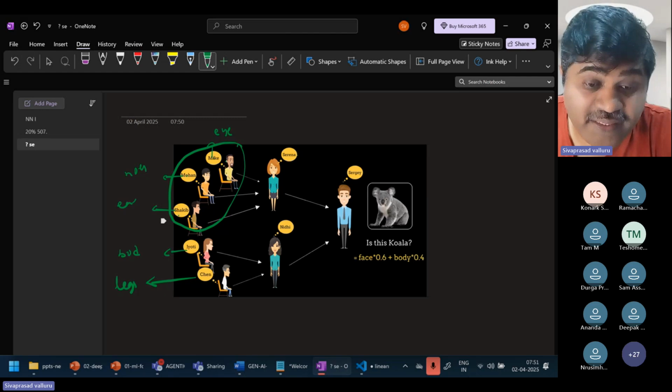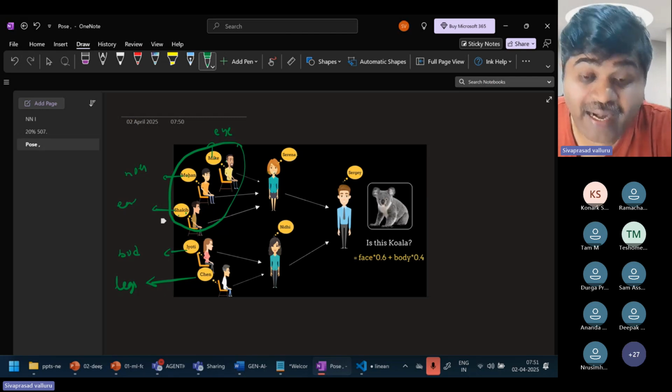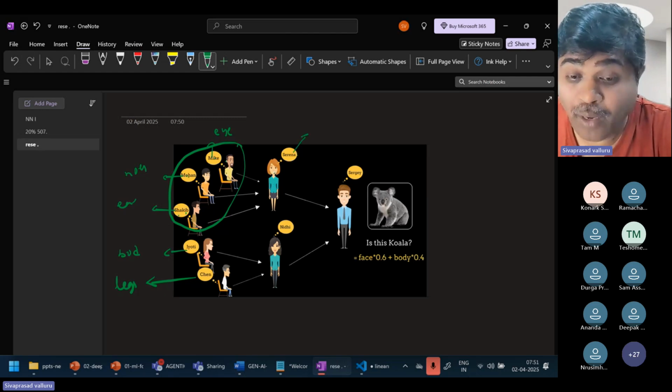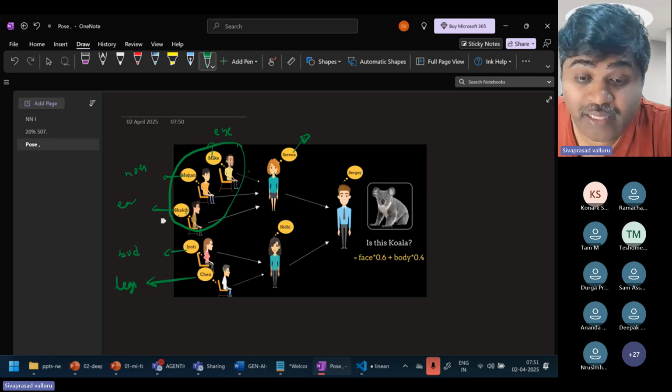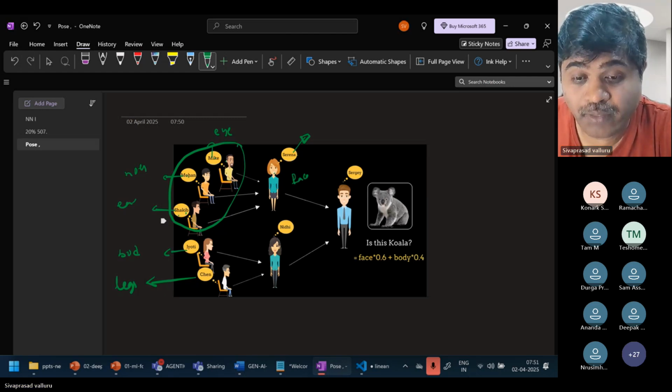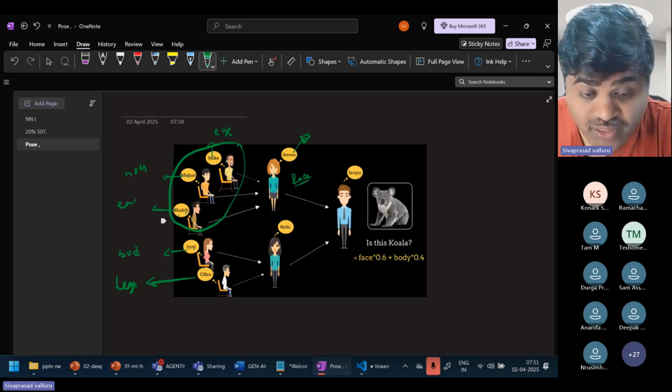These three will report to Serena, and Serena will give the probability that the face of the image is call or not. Face is one feature of the image, and the face prediction is given by Serena. Jyoti predicts whether it is call or not based on body, and Chen predicts based on legs.